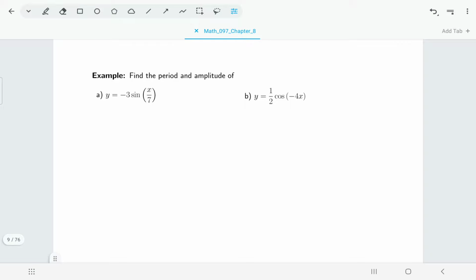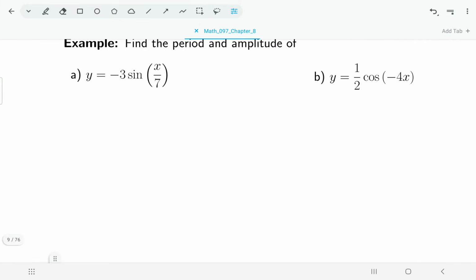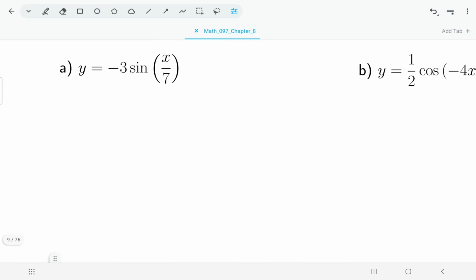So for these two functions, finding the period and amplitude is not too bad because all we need to do is a couple of quick calculations. For the first one, -3 sine of x over 7, it might be easier if I first rewrite x over 7 as 1/7 times x.